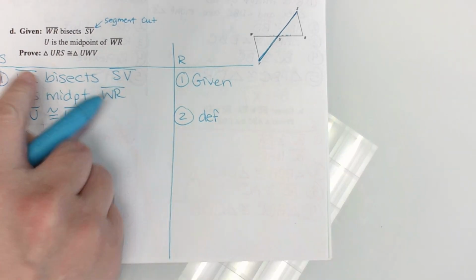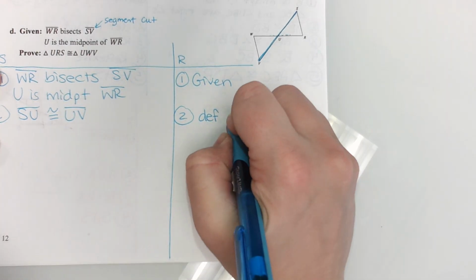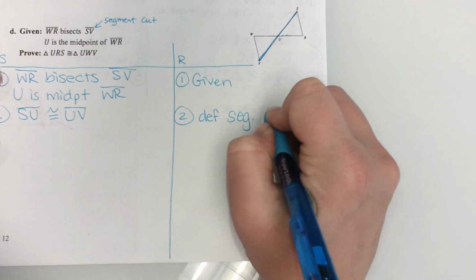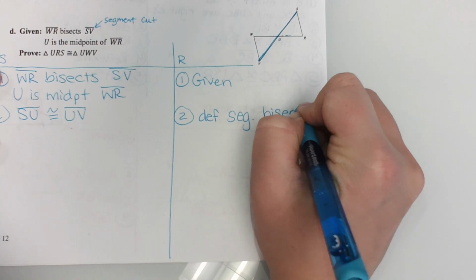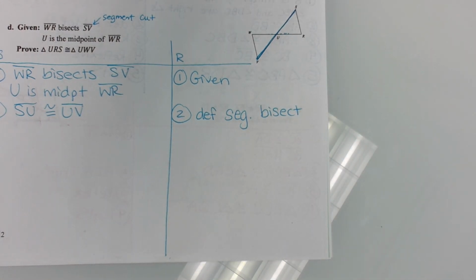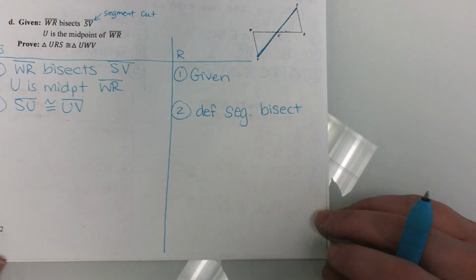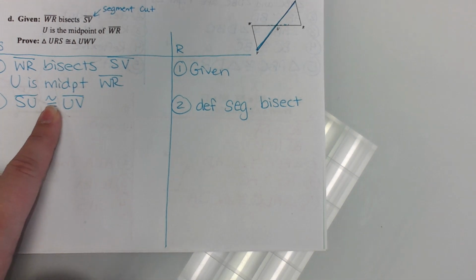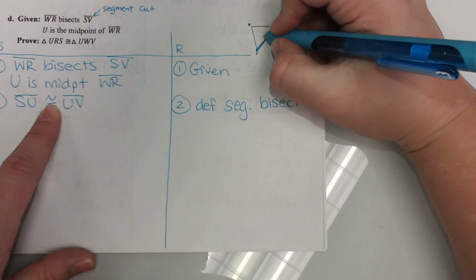We use the word bisects, so that's definition of, and since it was a segment bisector, segment bisect. Once there's a congruent symbol here, what did I say you should always do? Put it on the picture.